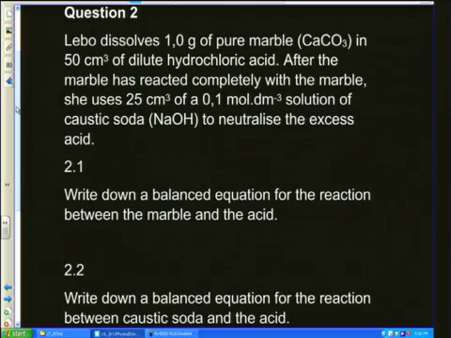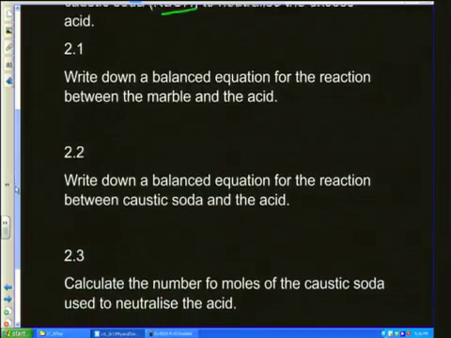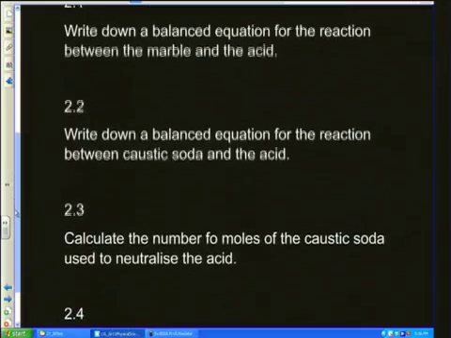After the marble has reacted completely with the acid, she uses 25 cubic centimeters of 0.1 mole per cubic decimeter solution of caustic soda, sodium hydroxide, to neutralize the excess acid. Write down a balanced equation for the reaction between marble and the acid.